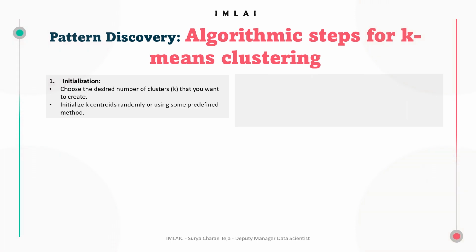Once that's done, it's time to initialize k centroids randomly or using some predefined method. What method we are going to use, we'll see with the example. Once initialization is done, let's move on to the second step, which is the assignment step.